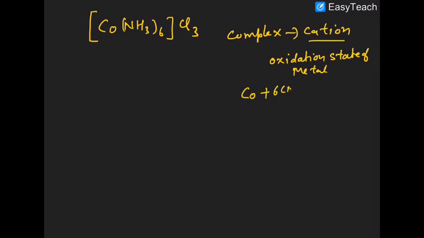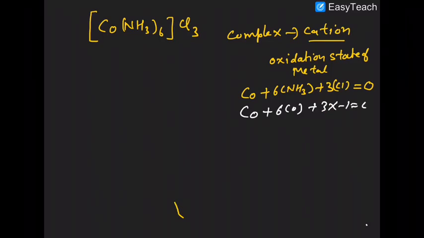There are 6 molecules of ammonia and 3 chloride ions. The overall compound is neutral. A coordination compound is always overall neutral. Ammonia is neutral, so its charge is 0. Chlorine carries a charge of -1. So cobalt carries a charge of 3, but that should be represented by a Roman numeral.